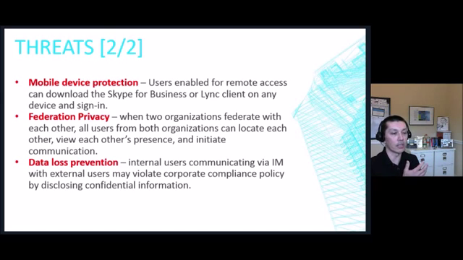And so they want some level of privacy to be able to distinguish who can talk to whom, what type of modalities they can use, and even if there are some communications that should not be going across the federated link, in case of data loss prevention. That could be credit card information, anything that could go through the IM channel. So those are some of the concerns that are there.